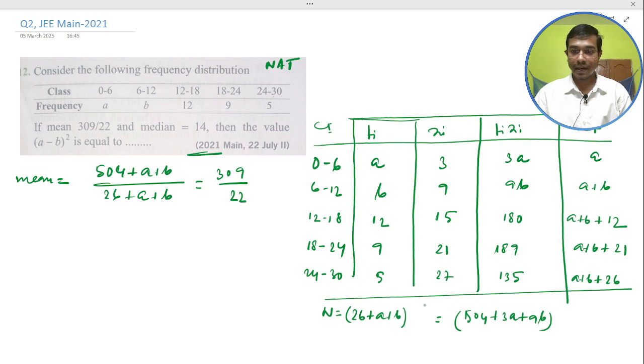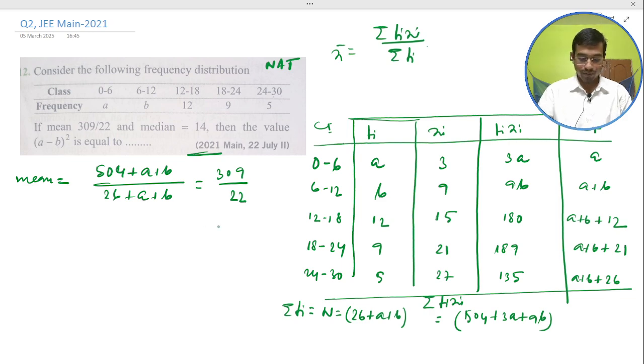Basically, N here is the summation of Fi, and we write x bar is the summation of Fi xi by summation of Fi. This is the formula. Put this value and calculate. You would get 81A plus 37B equal to 1018. This is equation number 1.